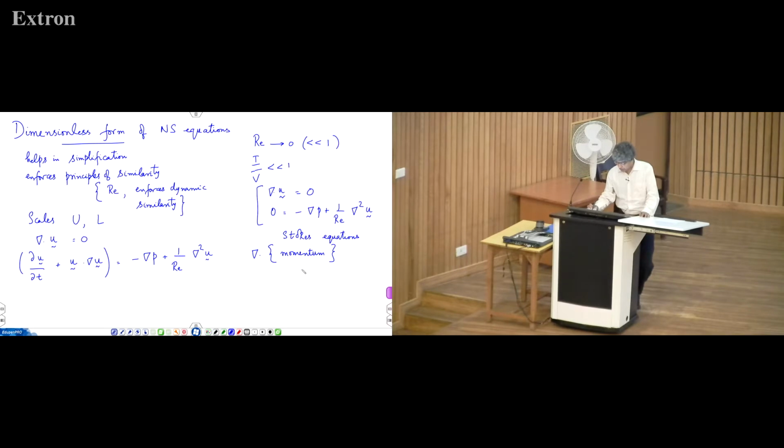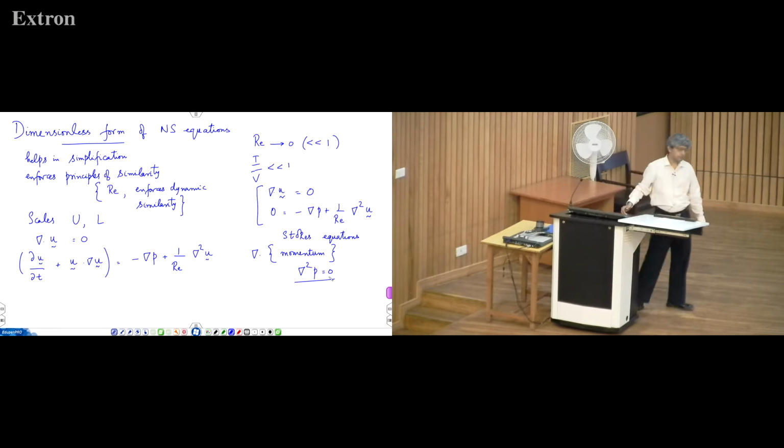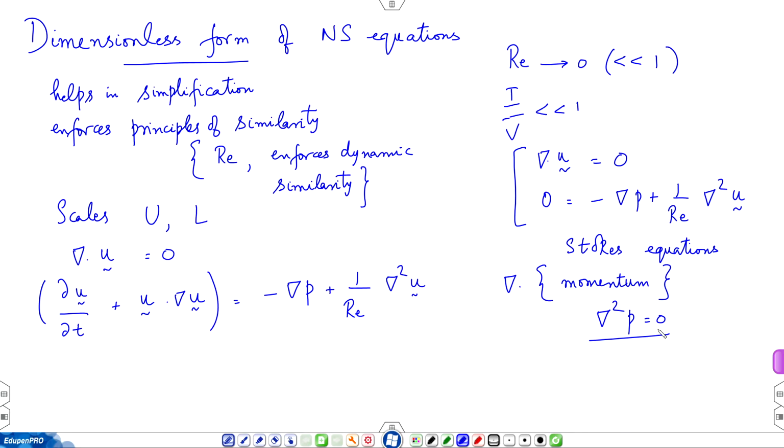So, when you do del dot of the momentum equation, you get del square P equal to 0, which is Laplace equation, which you may again remember is a well studied governing equation. So, the advantage with this approach is you can solve for P, substitute for P in the momentum equation, get velocity. So, it gives you a very clean procedure for finding the flow field, both velocity components and pressure.